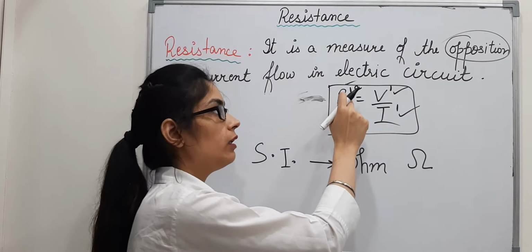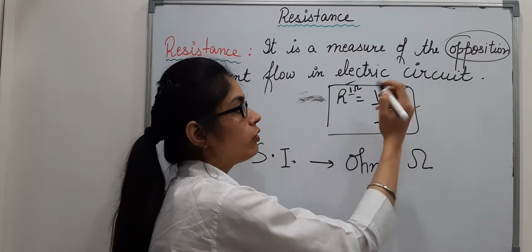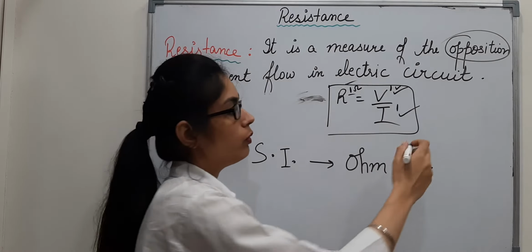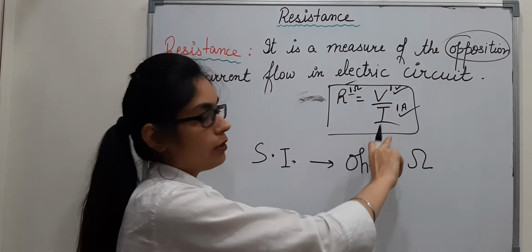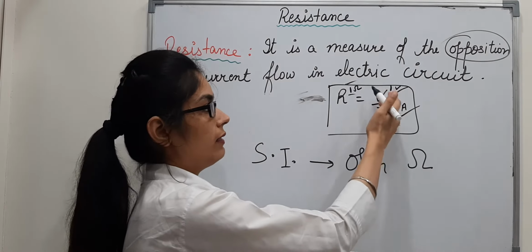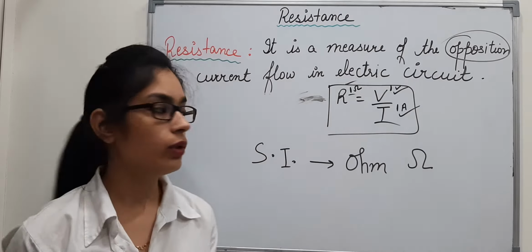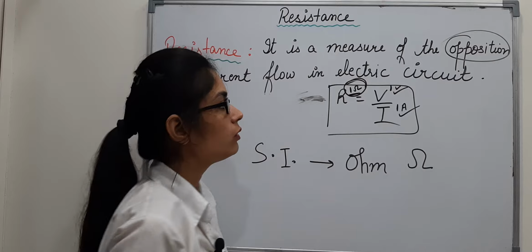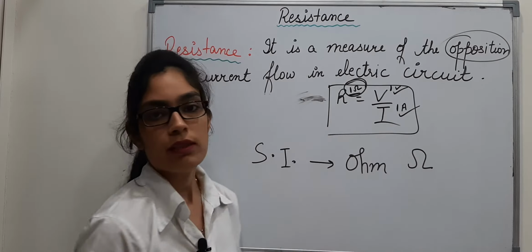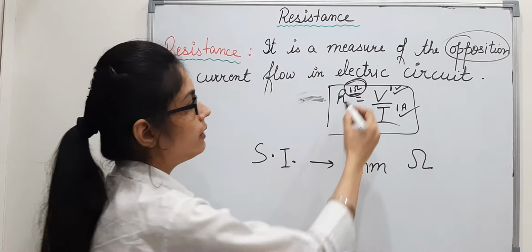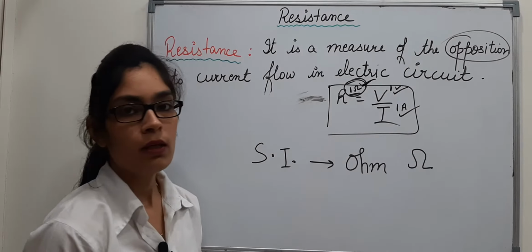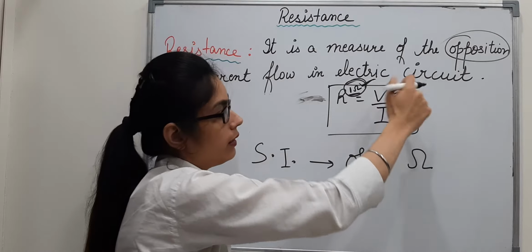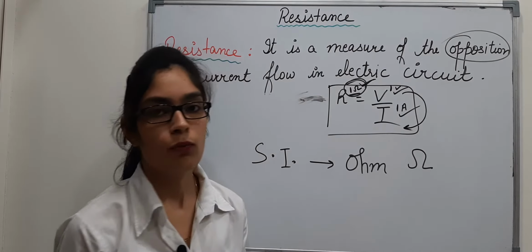So resistance will be 1 ohm, potential difference will be 1 volt, and current will be 1 ampere, because the SI unit of current is ampere and the SI unit of potential difference is volt. So we can say the resistance of a conductor is equal to 1 ohm when a constant potential difference of 1 volt produces a current of 1 ampere.